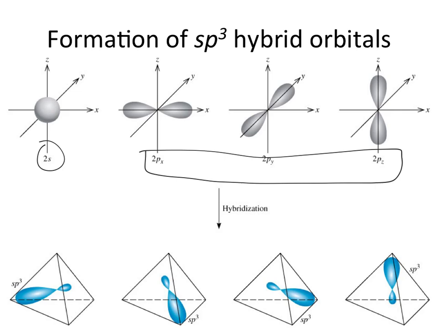When these four orbitals are mixed, we end up with four sp3 hybridized orbitals. As you can see, their shape is somewhere in between the two different types of orbitals that are mixed. Subsequently, we get orbitals that are oriented around that central atom in a way that gives us the bonding that we anticipate.